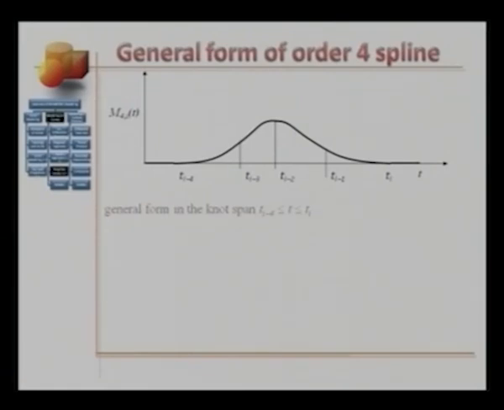The general form in the knot span ti minus 4 smaller than or equal to t smaller than or equal to ti is this. This general form can be extended indefinitely from ti minus 4 to the left and ti to the right on the t-axis, which is something I had just mentioned.